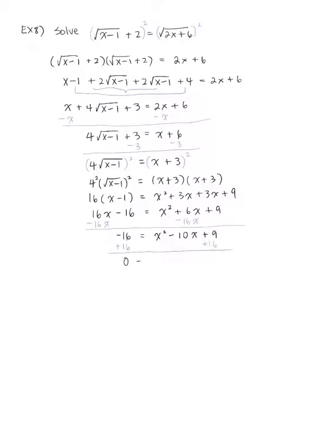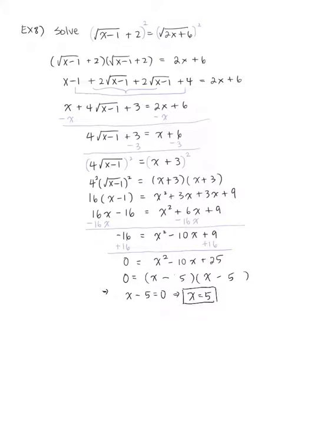Okay, so we're going to have 0 equals x squared minus 10x plus, what do we get, 25? And now factor time. So we're going to have x minus 5 and x minus 5. I believe that works. Alright, so that implies that either x minus 5 equals 0 or x minus 5 equals 0. So we just have x equals 5 as our proposed solution.